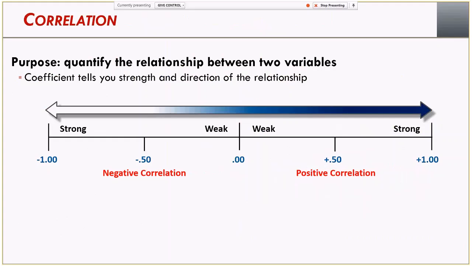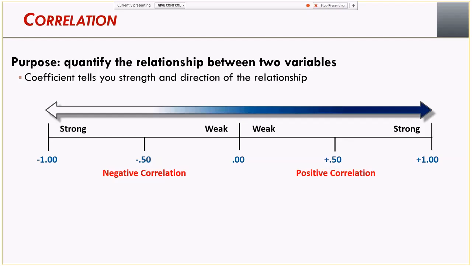Correlation is another very common analysis that's very, very popular and very easy to do. Correlation is an analysis that quantifies the relationship between two variables. This analysis produces what's known as a correlation coefficient, and the coefficient tells you about the strength and the direction of the relationship.